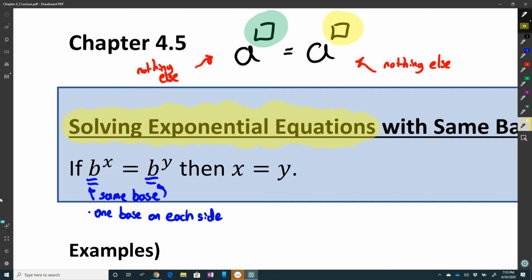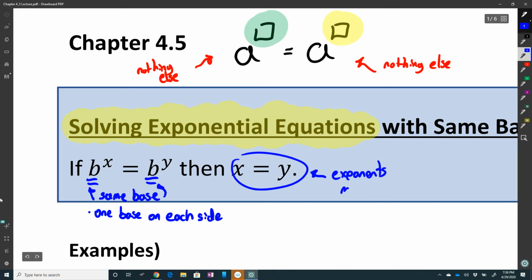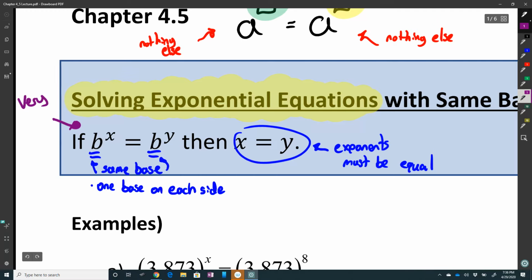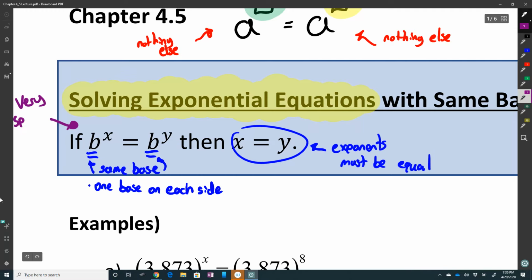So it says if you have this very specific type of equation, then the exponents must equal. That's it. That's all the rule is saying. So keep in mind that this is very specific, but we're going to start there and work our way to more broader stuff.